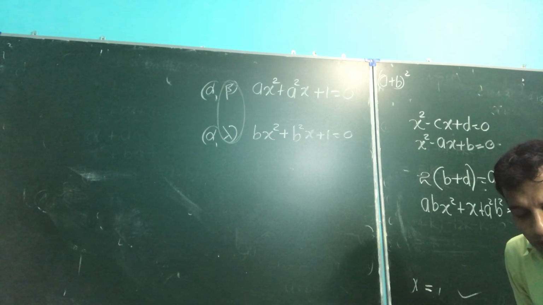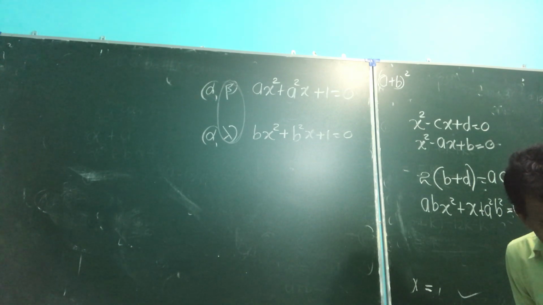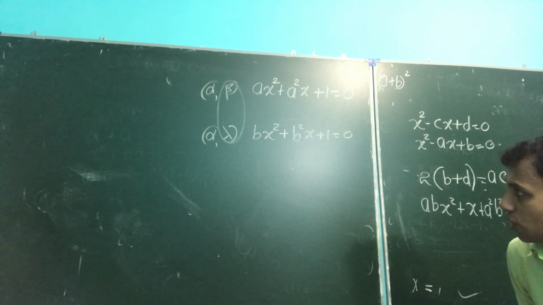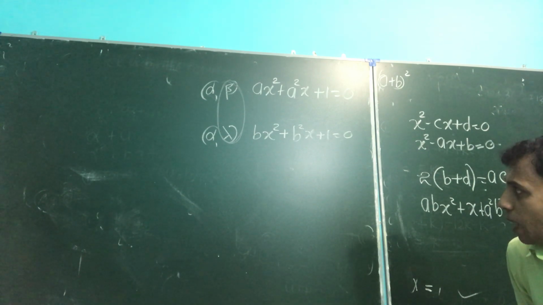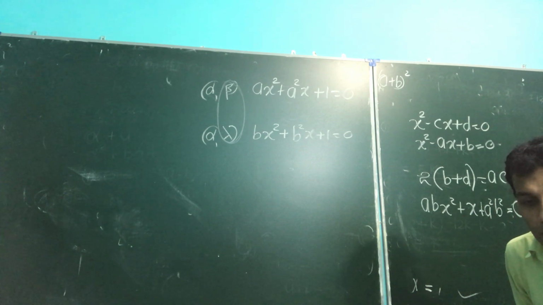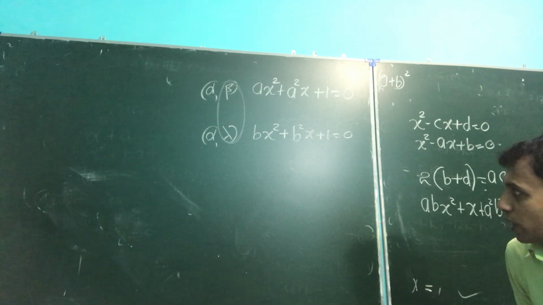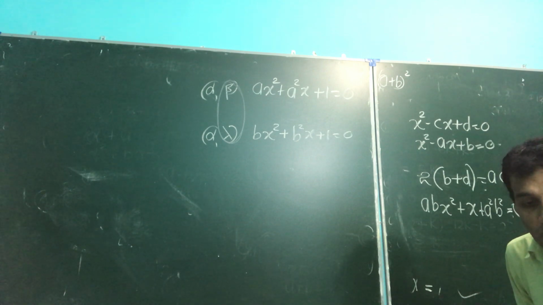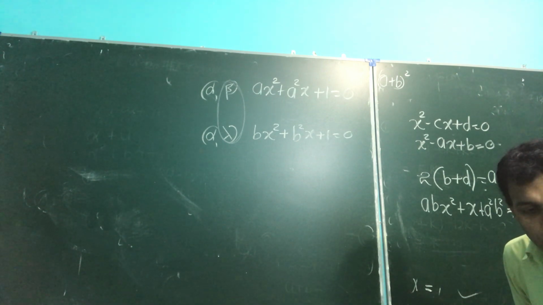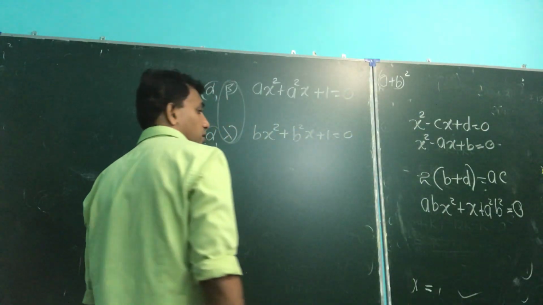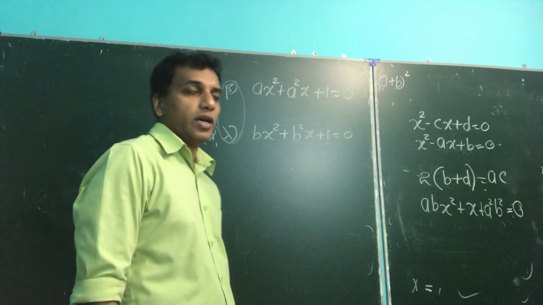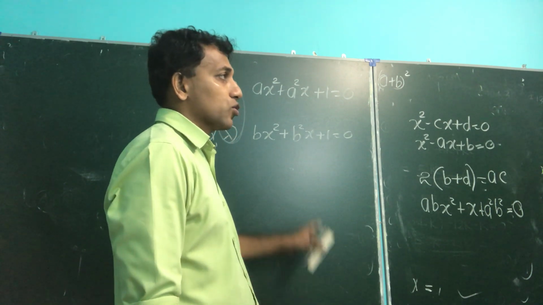And the roots of bx square plus b square x plus 1 equals 0 are alpha and lambda. Okay. So now first to complete the common part.